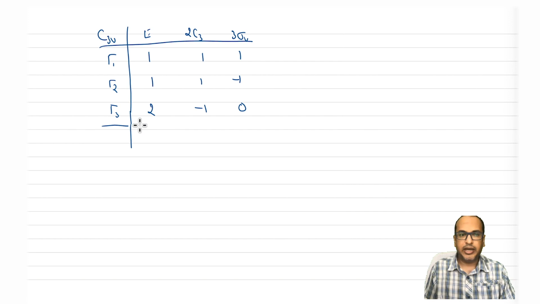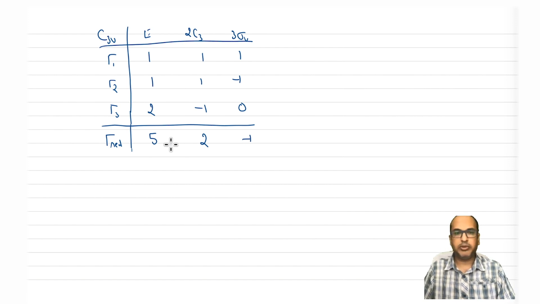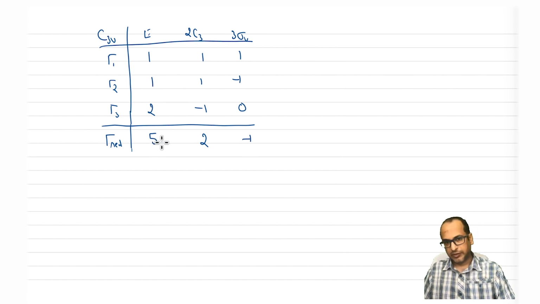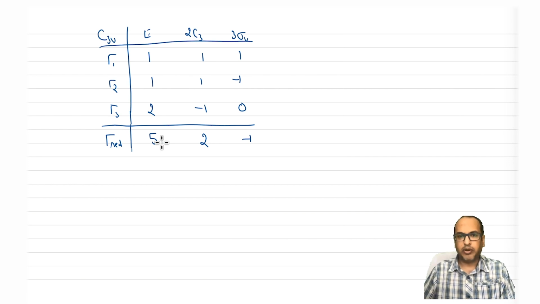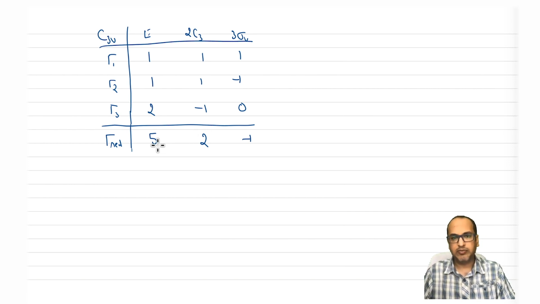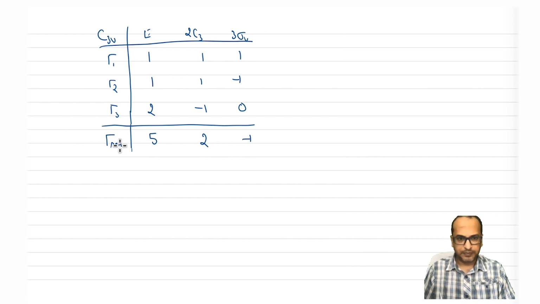Now let's say I have chosen a certain basis set where I get a reducible representation. I don't know to start with whether it's reducible or irreducible, so you can always test it, as we tested for the water example, using the rules of GOT, right?